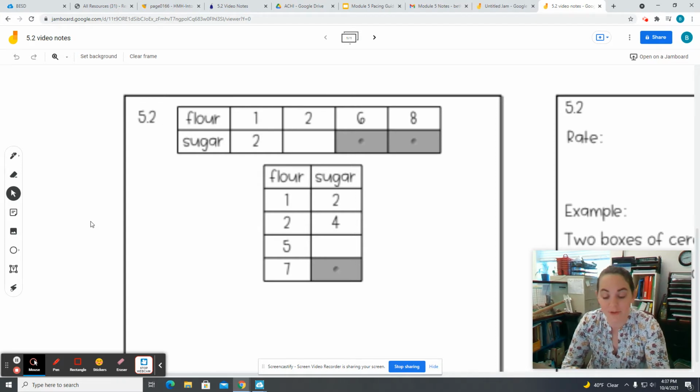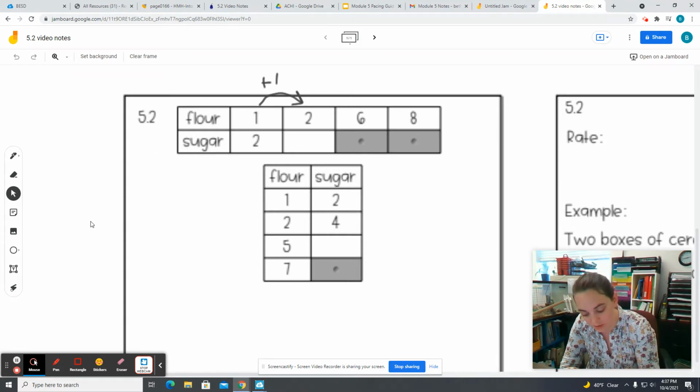So then if we go here, and this is +1, and we know that for 2 batches of flour, we need 2 batches of sugar. So what we did here is we add 2, right? But we're just going to double the original. So then 2 plus 2 is 4.